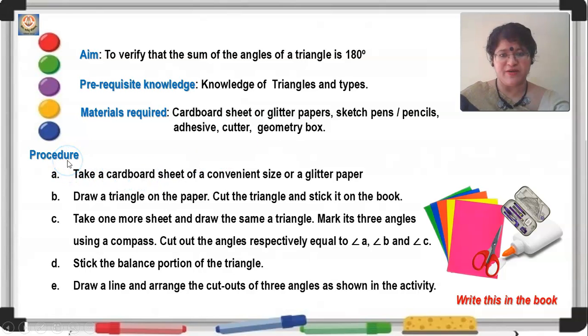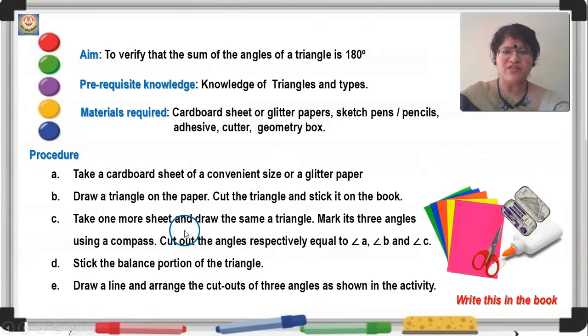And this is the procedure. I have just noted it down. It's step by step. This is step 1. You take a cardboard sheet of a convenient size or a glitter paper, and then you draw a triangle on one of the papers. Cut that triangle and stick that triangle in the book. Then you take one more sheet of paper.